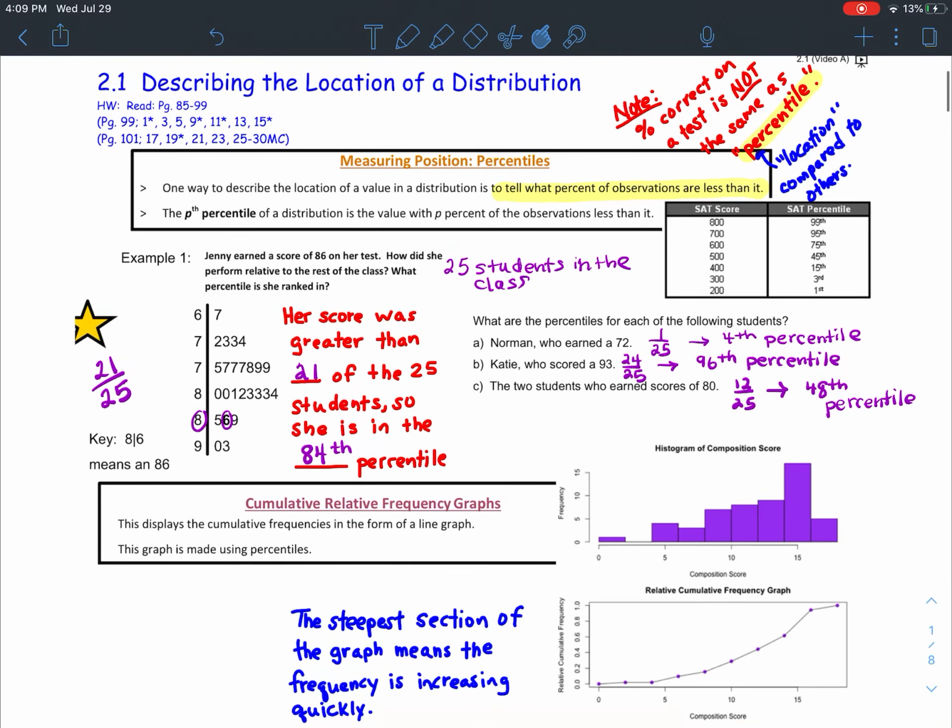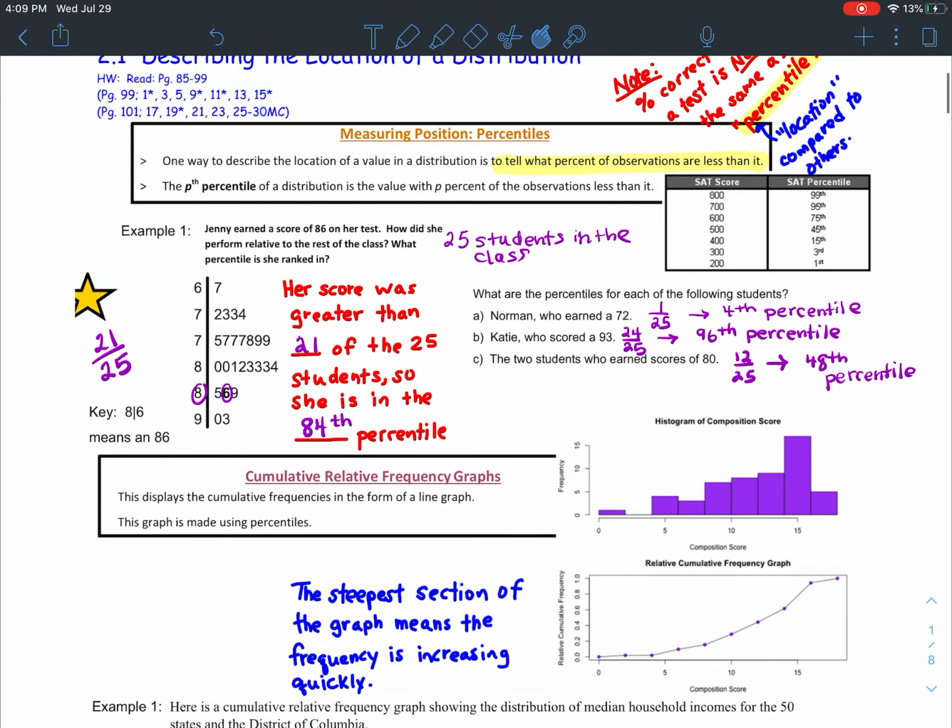Another measure of location that works in percentiles is something called a cumulative relative frequency graph. This displays the cumulative frequencies in the form of a line graph, and this graph is actually made up of percentiles.